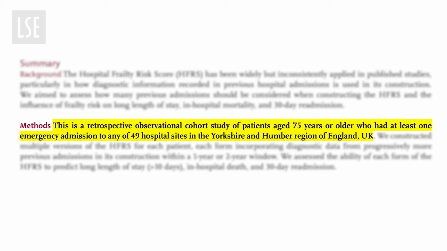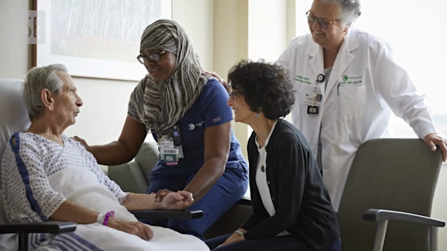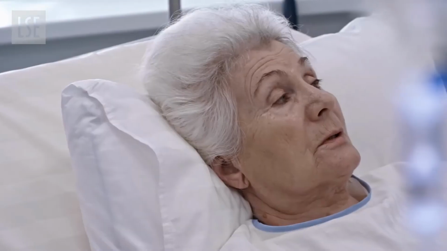Having analysed the data for those patients, we worked out how much information needed to be used to construct the Hospital Frailty Risk Score in order for the score to act as a good predictor of how long patients stay in hospital, their probability of dying in hospital, and their probability of being readmitted to hospital as an emergency some 30 days after their discharge.